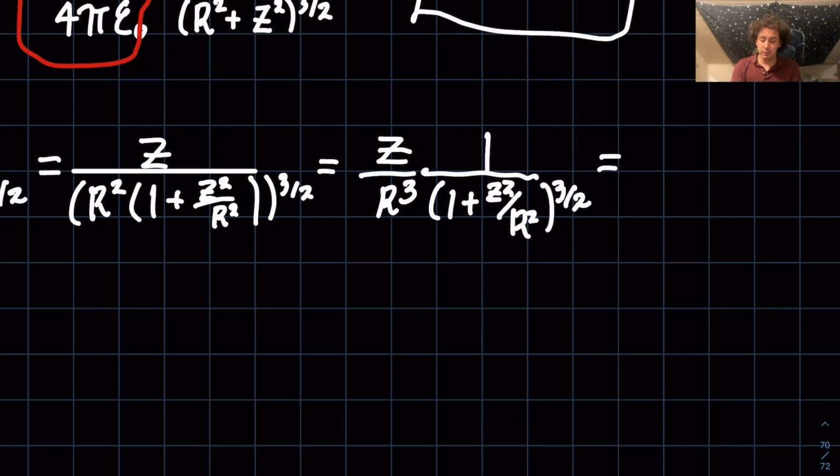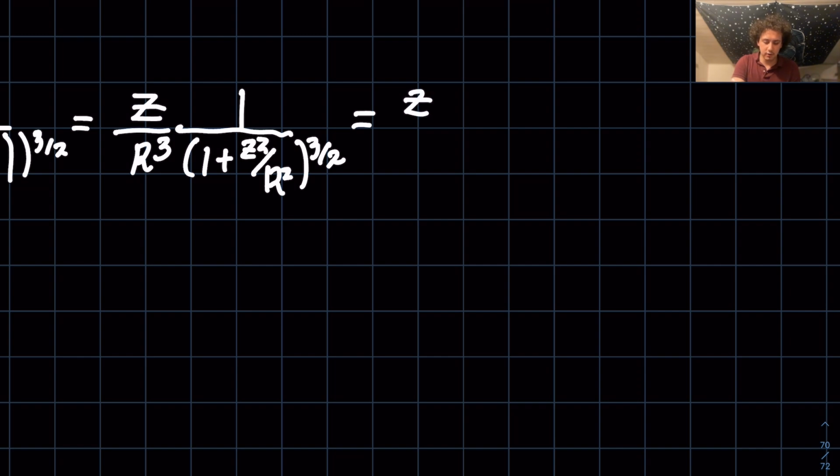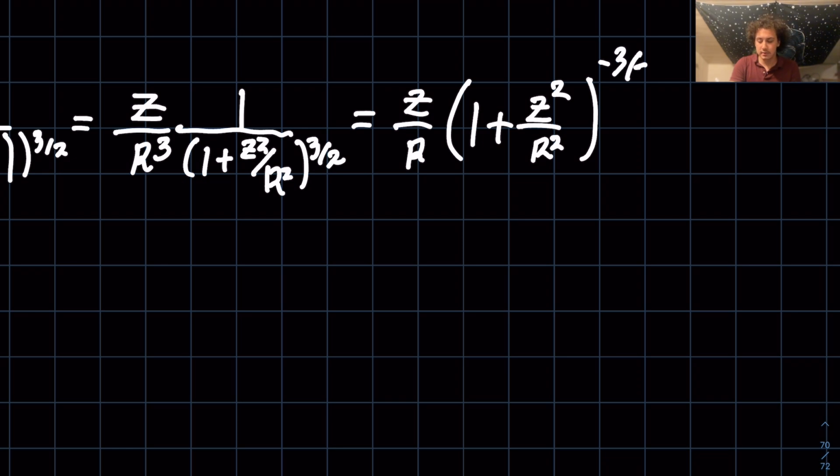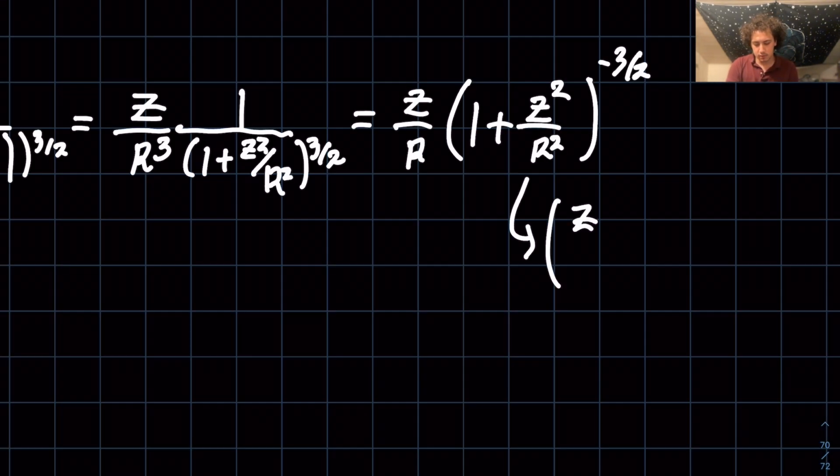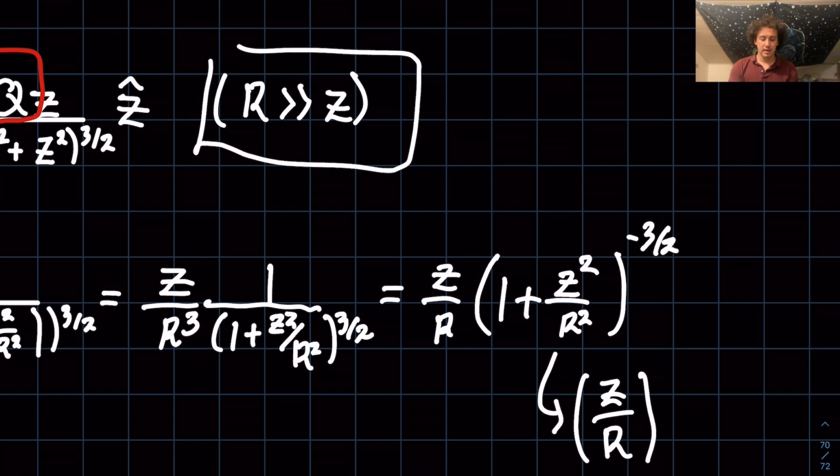And that'll be equal to z over r cubed times 1 plus z squared over r squared to the minus 3 halves. Before we even do this, let's recognize that z over r is a small number, like we just discussed.